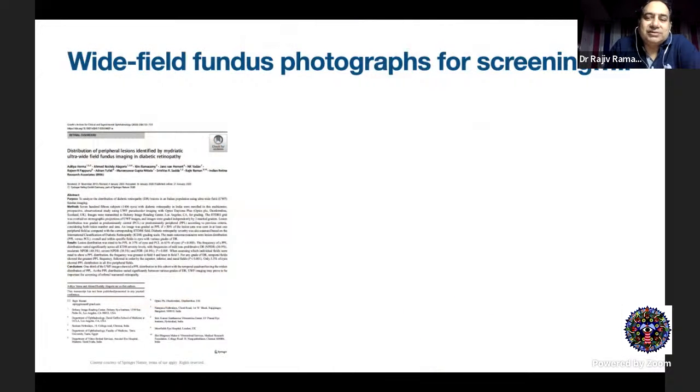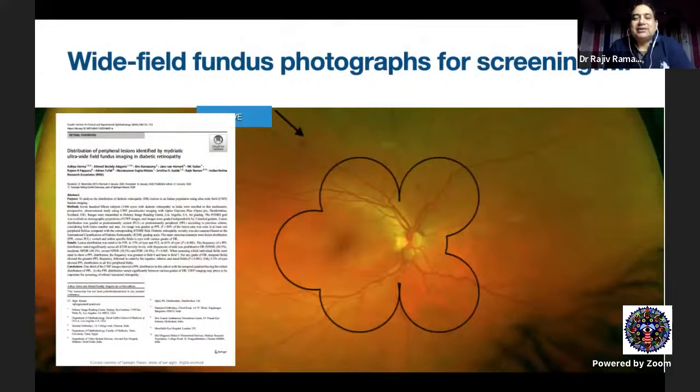However, nowadays there is another thought coming on wide field fundus photography for retinopathy screening, because we have started understanding that retinopathy lesions are not classically in these 7 fields which have been described by ETDRS. Many times you see these lesions beyond that, what we call predominantly peripheral lesions, called PPL.